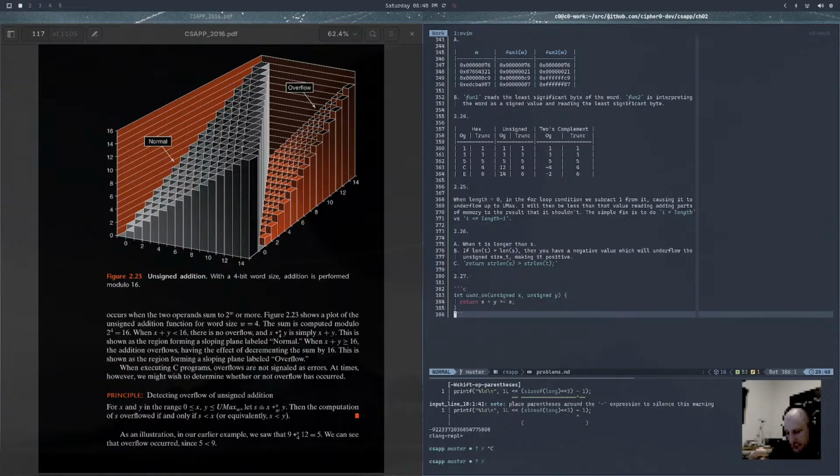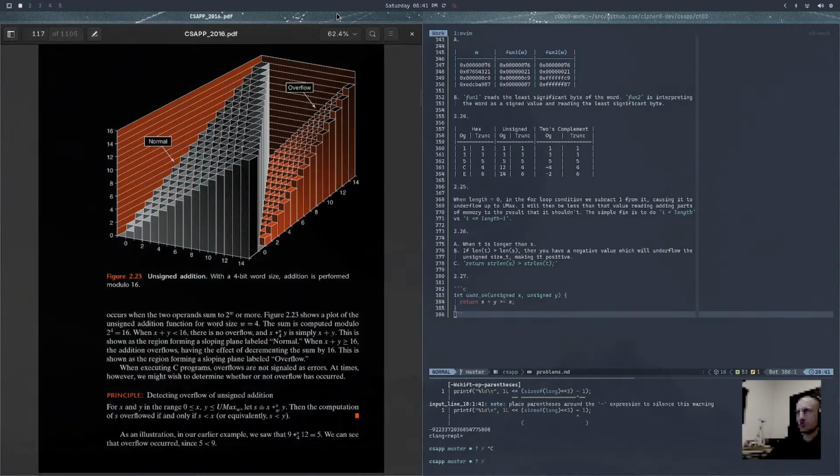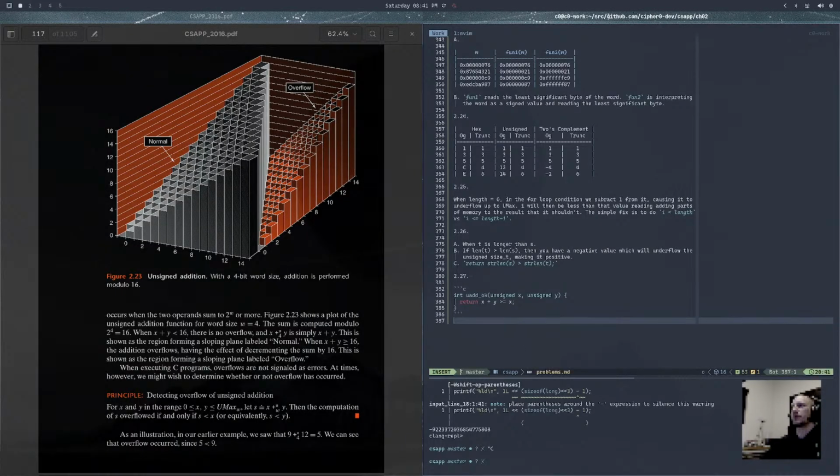To find its negation, say it was 3, then it'd be a very big number. So you want to overflow back to 3 is the goal. So say we have a 4-bit value here. Say we have 3, 0, 0, 1, 1. We want to find its negative.